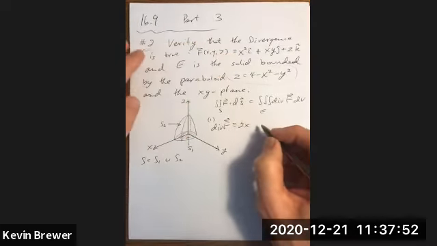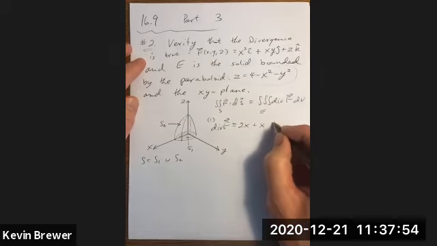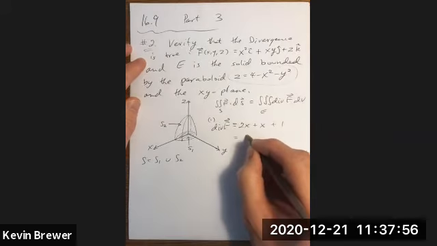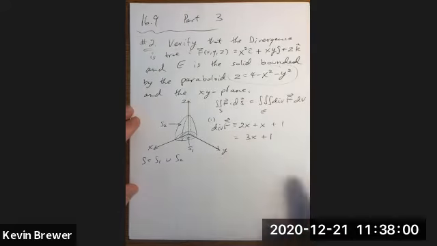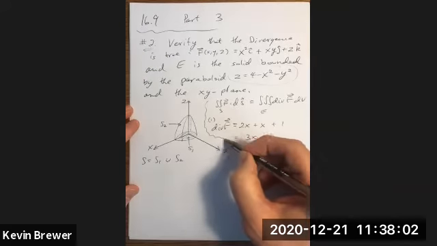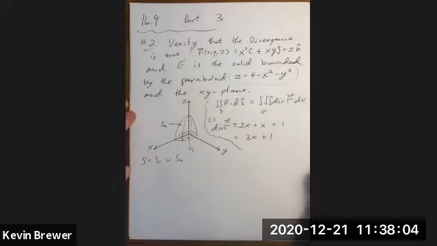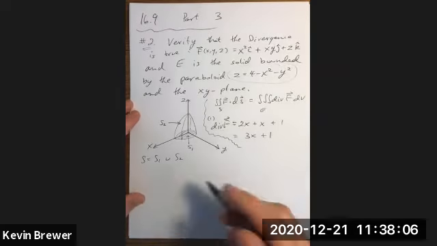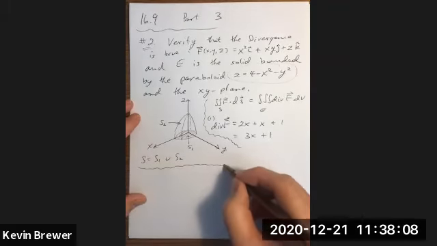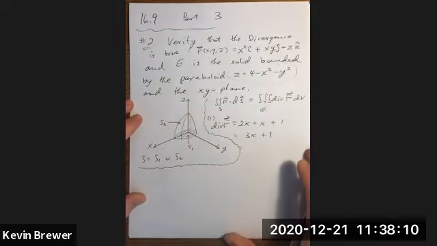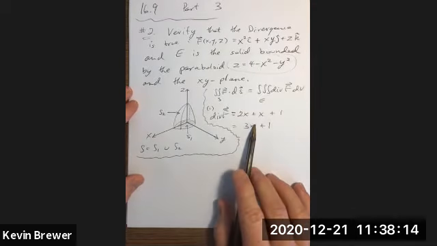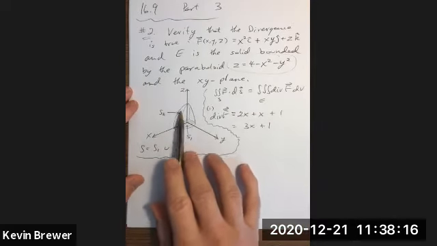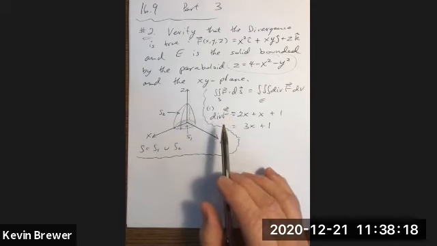2x plus x plus 1, so that's 3x plus 1. And we need to integrate 3x plus 1 over the interior of this region.